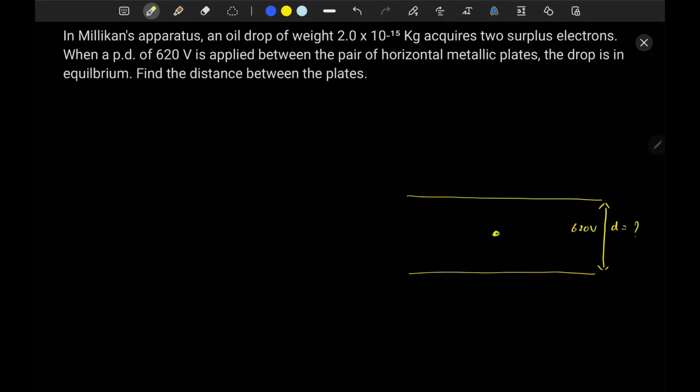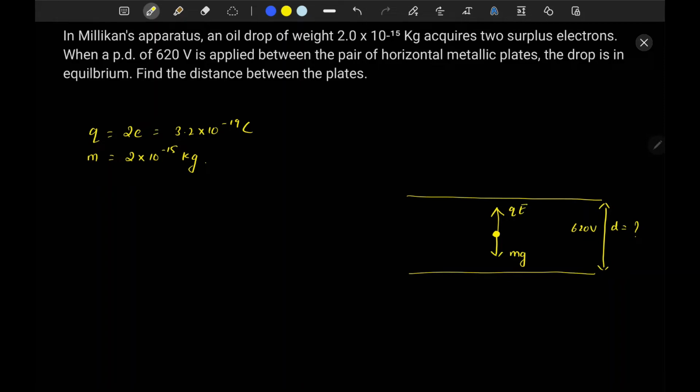The oil drop has charge Q equal to 2 electrons, that is 3.2 into 10 power minus 19 coulomb, and the mass of the drop is 2 into 10 power minus 15 kg, and nothing more is given to be considered. So we will consider only two forces: one, its weight mg in the downward direction, and another, its electric force in the upward direction.